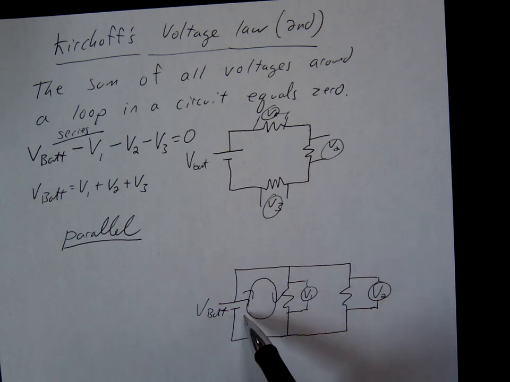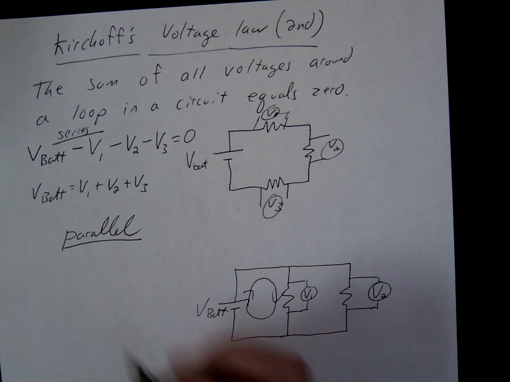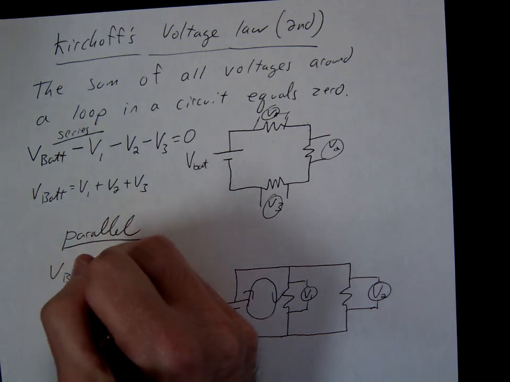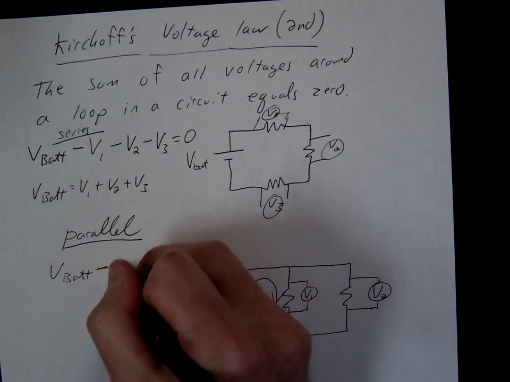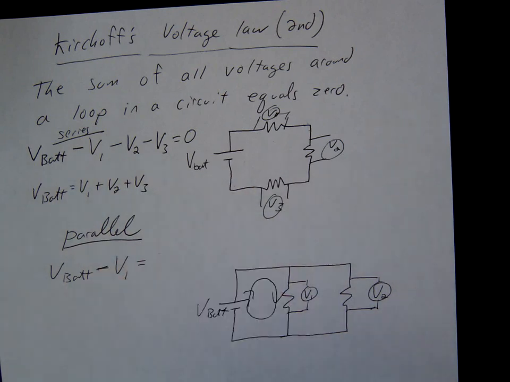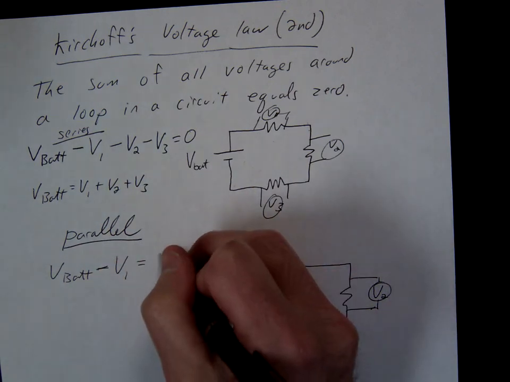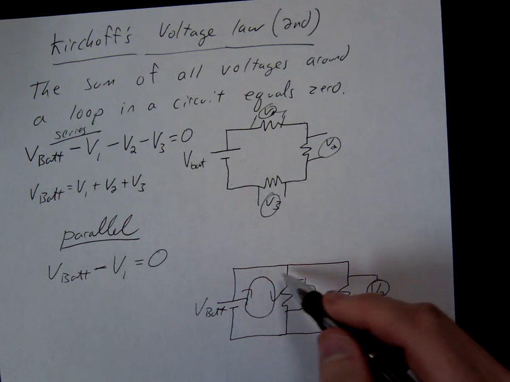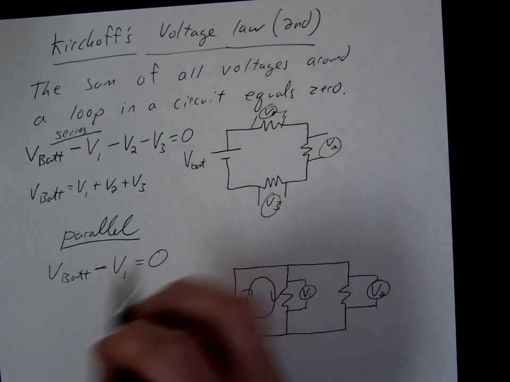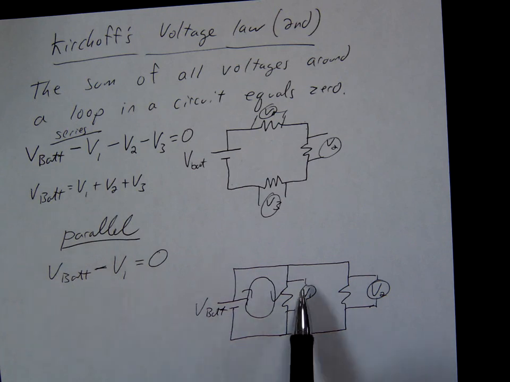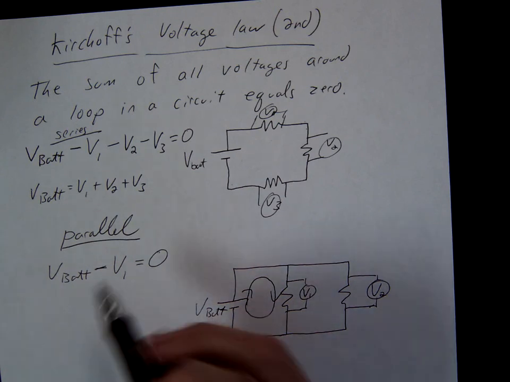So what this would say is that around the loop it should equal 0. So we would have V bat going up minus V1. What should that equal? 0. V bat minus V1 should equal 0. We talked about this yesterday in a different way. What do we say is true about V1 and V bat? They're the same.